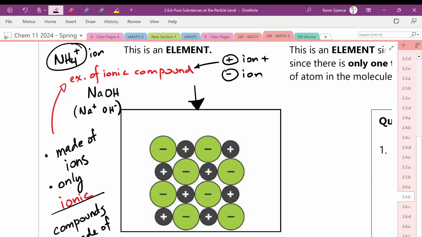Our next unit, you will need a periodic table, so I'm going to see if I have any fun colored ones for you here. Let's see if I can give you guys each a green one. Don't lose the green one.